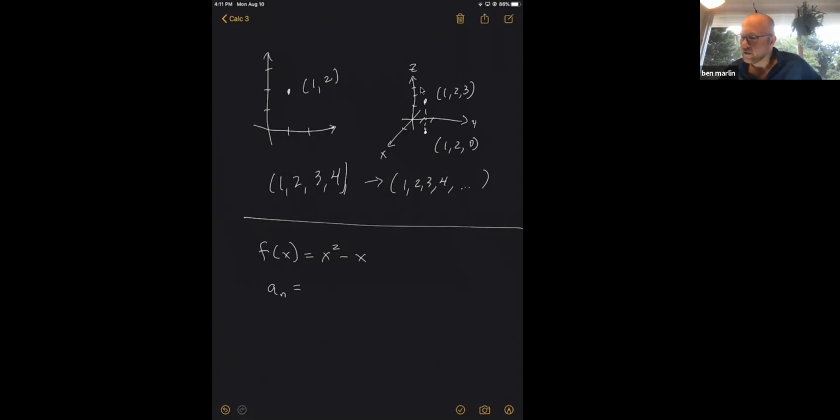And so if I just change this here and said n squared minus n, that would be really the same function that you're used to dealing with. It's just that the input for that function, you're no longer going to be putting in things that are not integers for it.